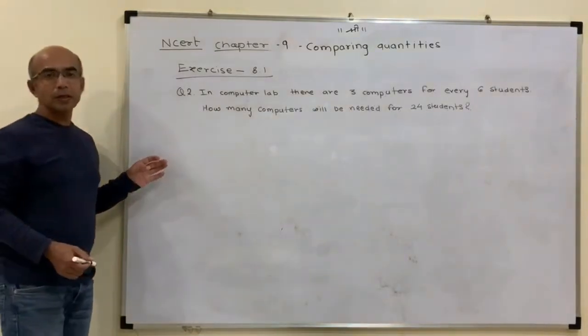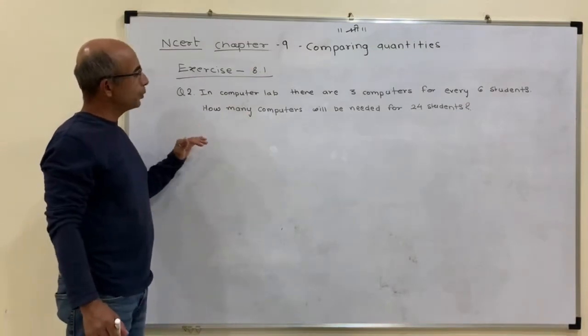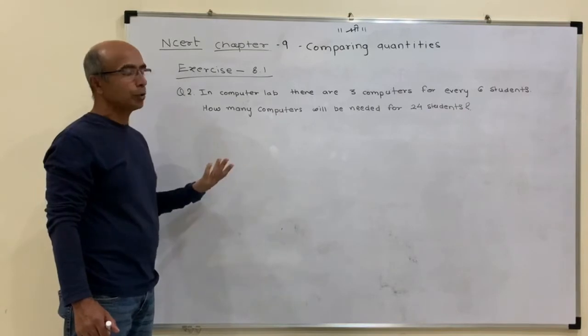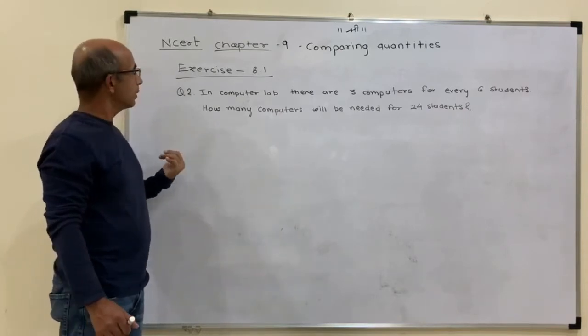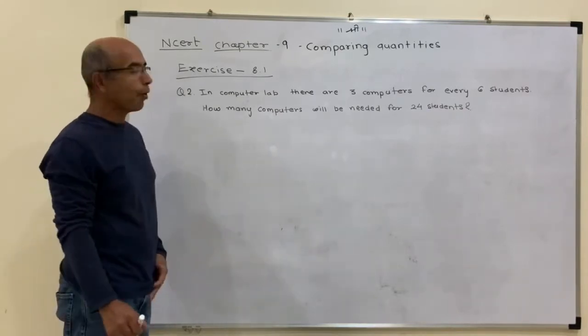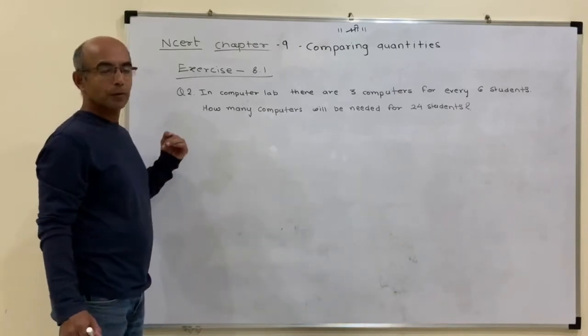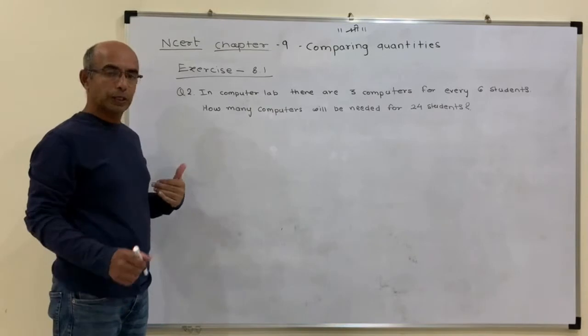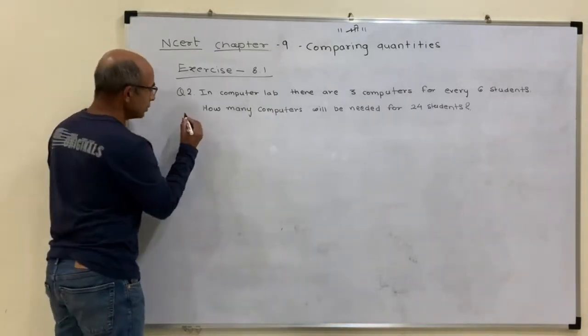Now this is question number 2. In a computer lab, there are 3 computers for every 6 students, which is a very familiar situation you all must be having. So how many computers will be needed for 24 students? Now we use the same method.